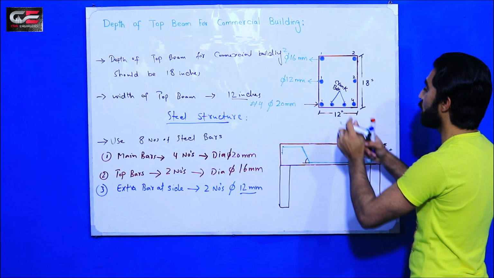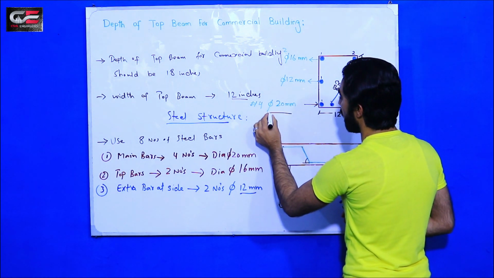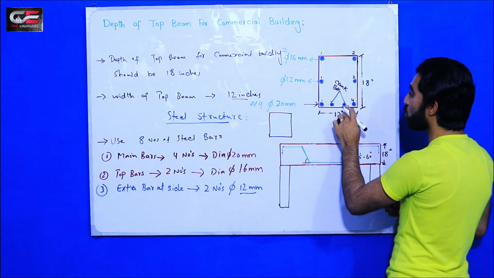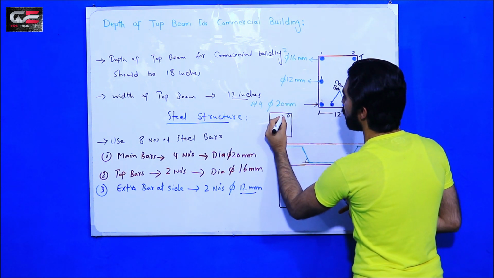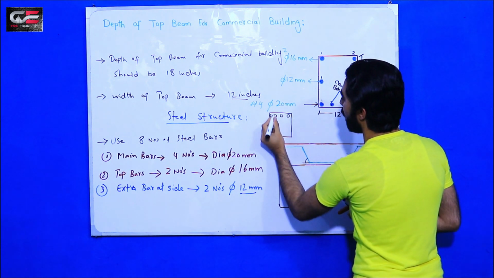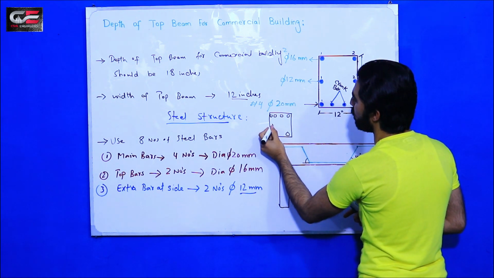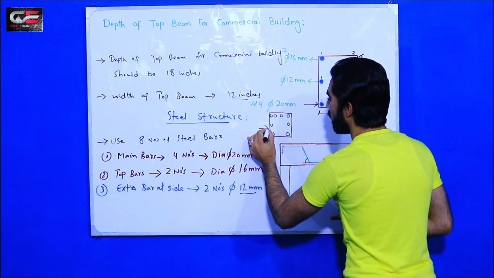So these two bars should be bent, and it will give you the other section like this. So when we bend the bars, these two numbers should become four numbers at the end of the support here, and these four bars will become two numbers, and the side should be same like this. Okay, this is in the case of crank bar.